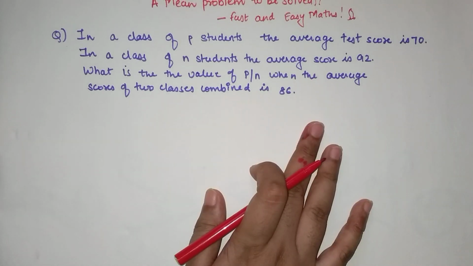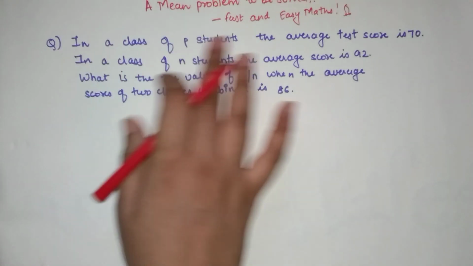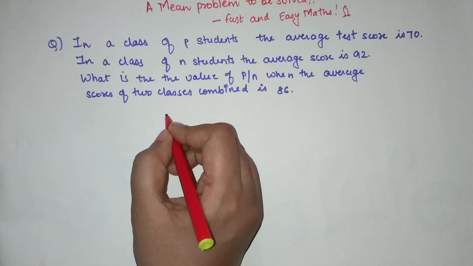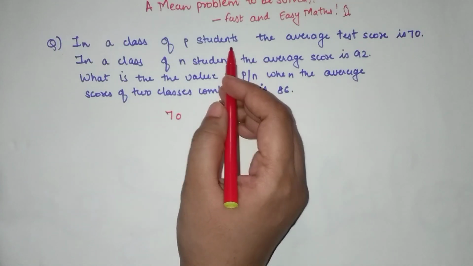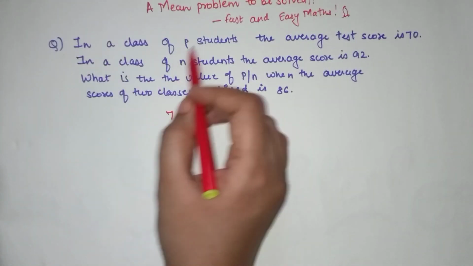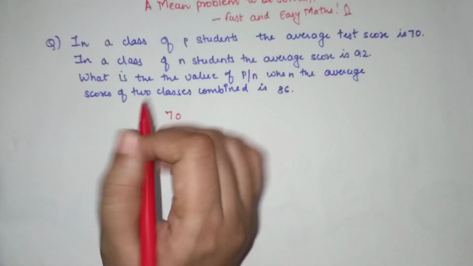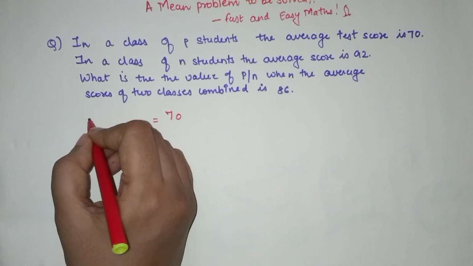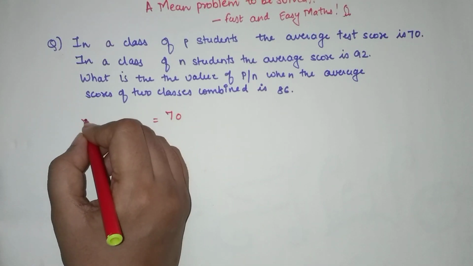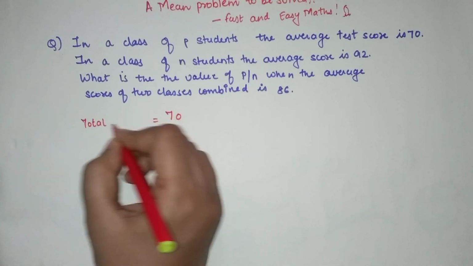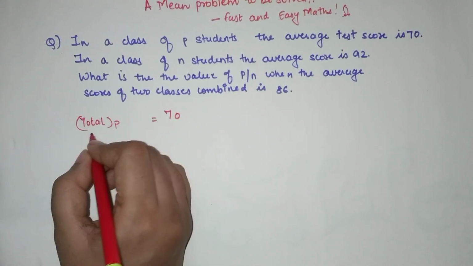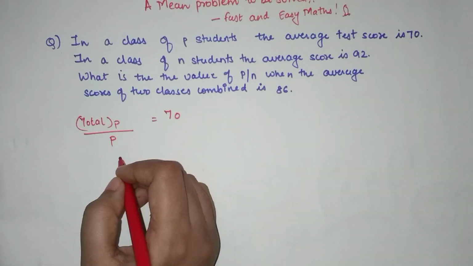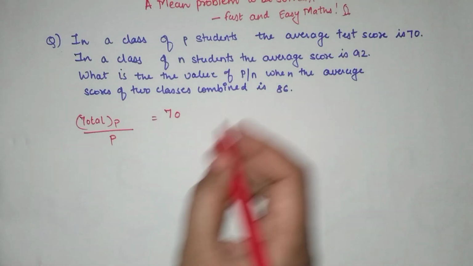So here we know that the average is 70 of a class which has P students. So we will say that the total sum of the class which has P students divided by the number of students, which is P, is equal to 70.